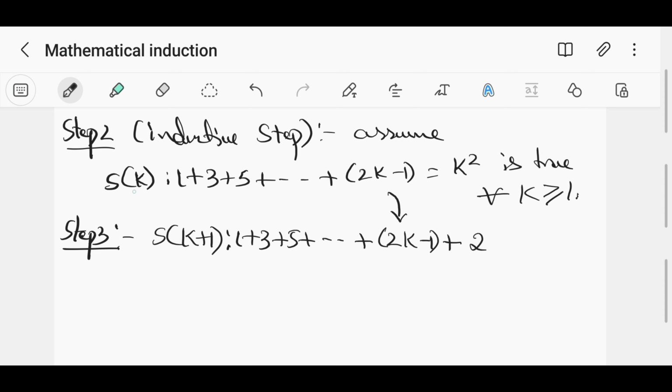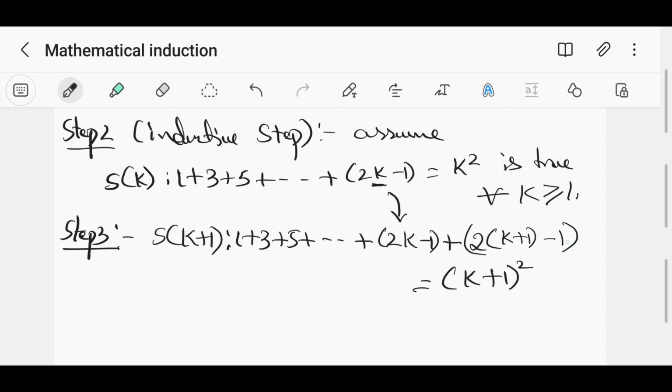So here you have up to k, and when you're taking k plus 1, you will have the other term as k plus 1. So here you substitute 2 into (k plus 1) minus 1. This is our next term. This will be equal to (k plus 1) the whole square.